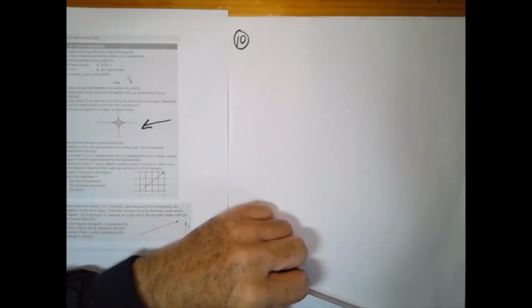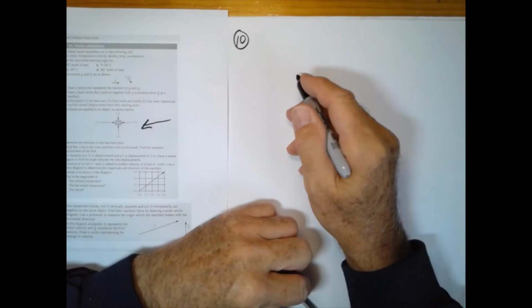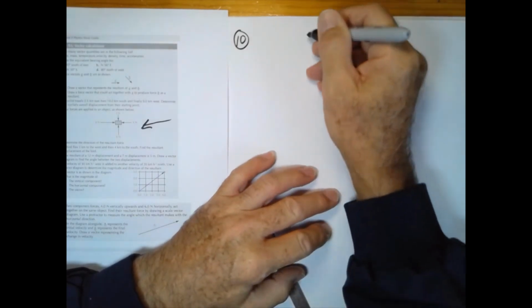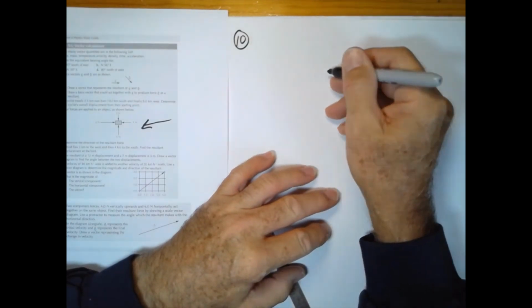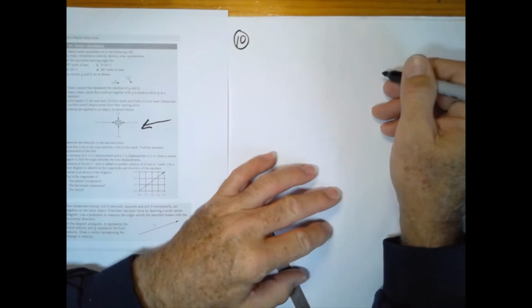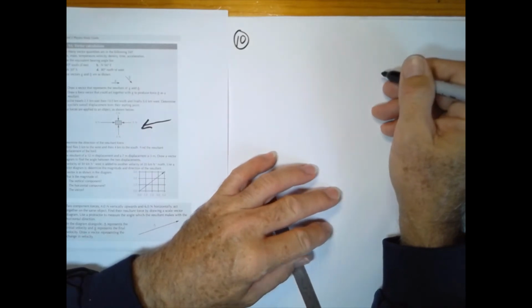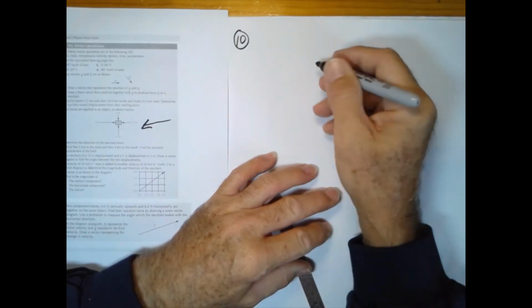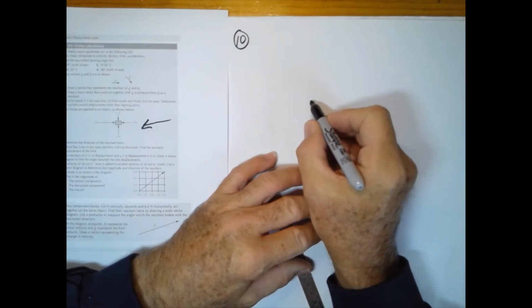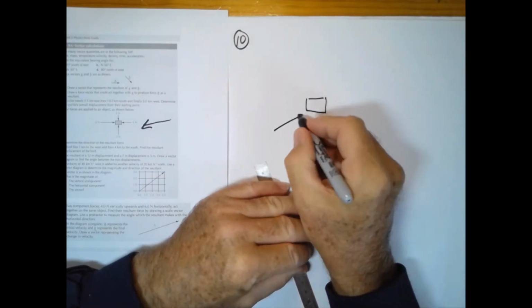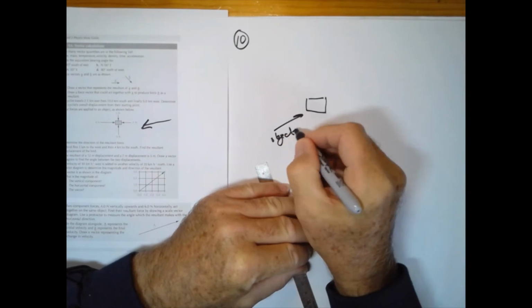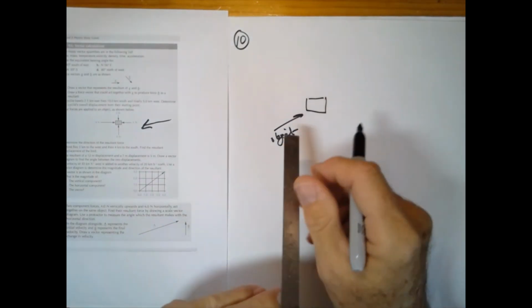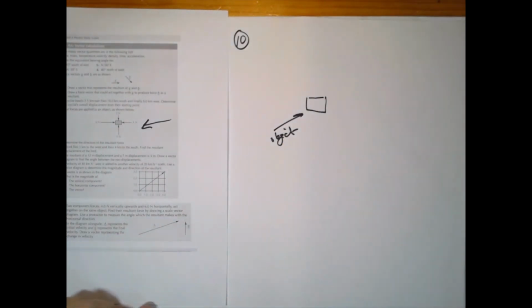Number 10, two component forces, 4 newtons upwards and 6 newtons horizontally, act together on the same object. Find the resultant force by drawing a scale vector diagram. So here's my object here, and we've got two forces, 4 newtons vertically upwards.